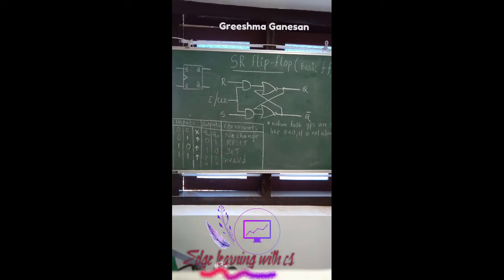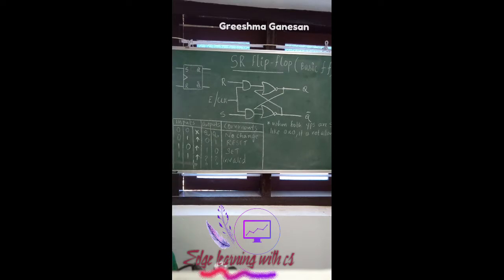In the third row, S is 1 and R is 0. We use the clock pulse and also the previous memory. Then our output will be Q equal to 1, Q dash equal to 0. That means if Q and S are 1, it is in the set condition.